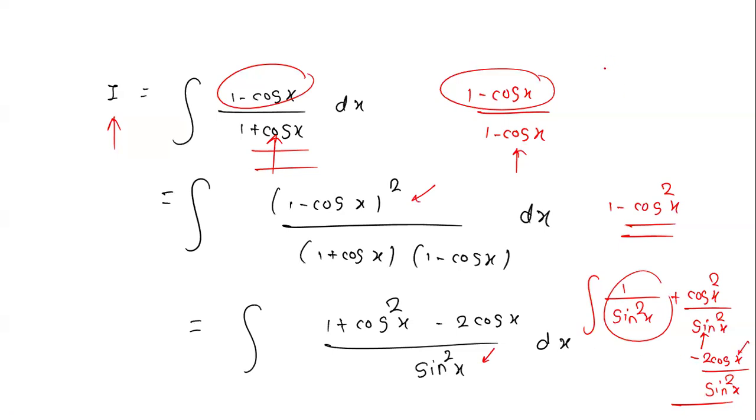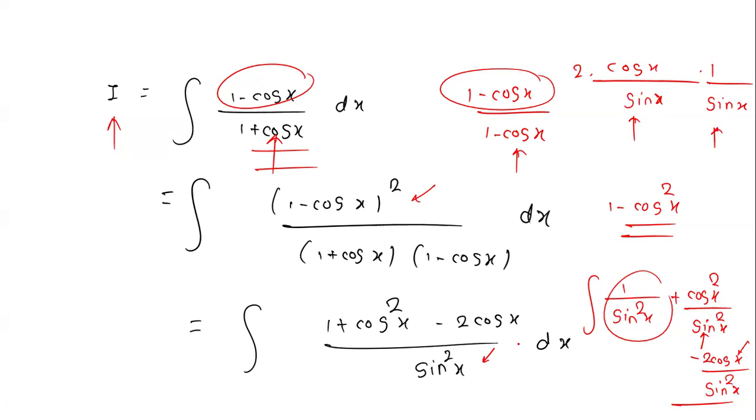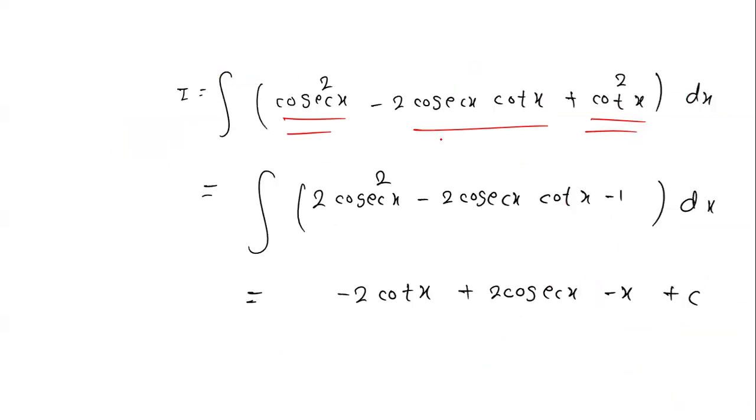And here it is cos x divided by sin square x, so you can write it as cos x divided by sin x, multiplied by 1 divided by sin x, and multiplied by 2. This will come like cot x, and this will come like cosec x. So here it is minus 2 times cosec x cot x.